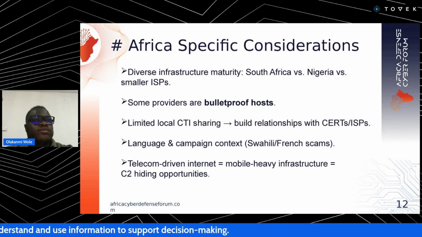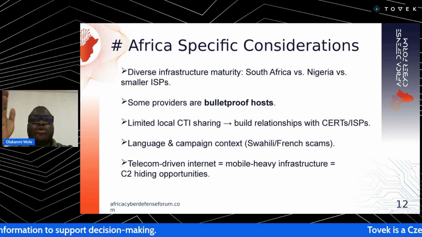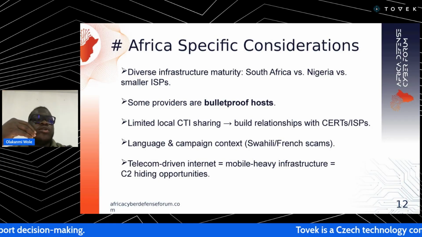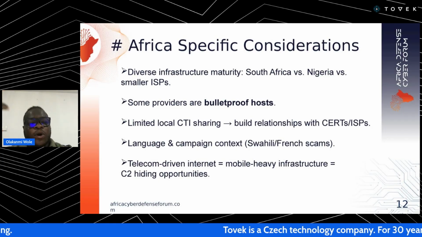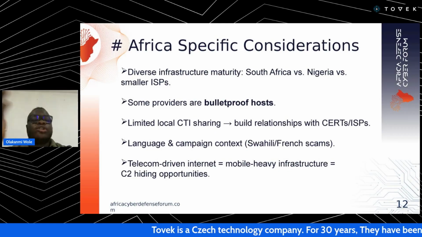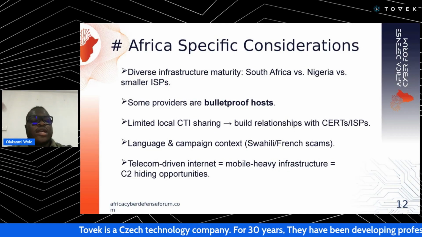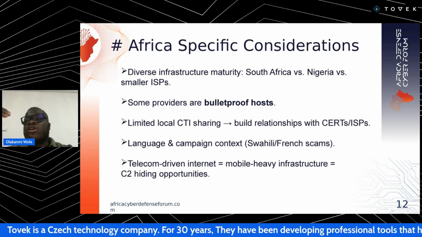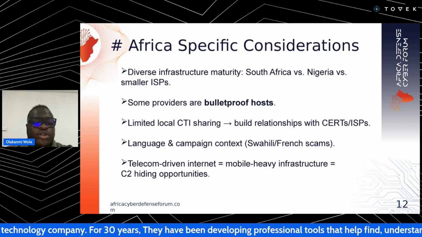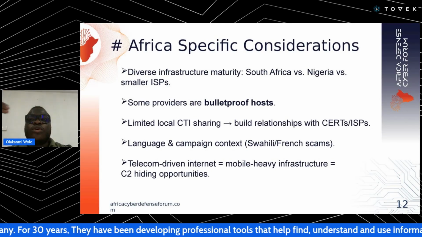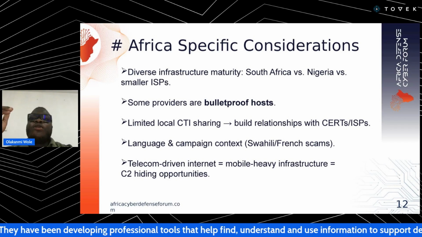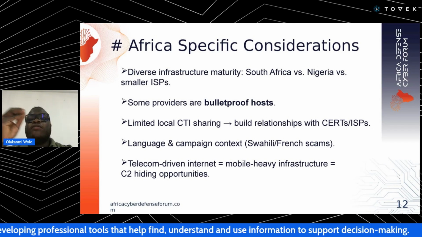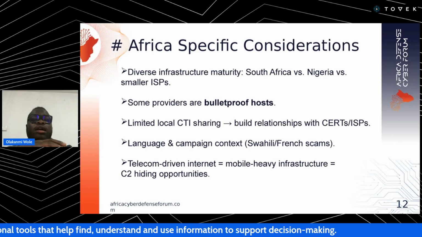But if you move downwards to developing countries, underdeveloped countries, the maturity level is very much different. In these countries, they are still talking about things like internet penetration and the likes. So of course, much attention would not be given to this type of attacks.